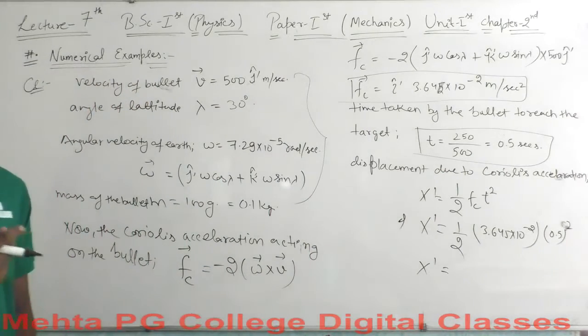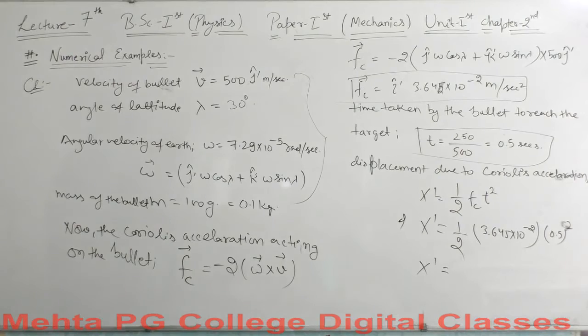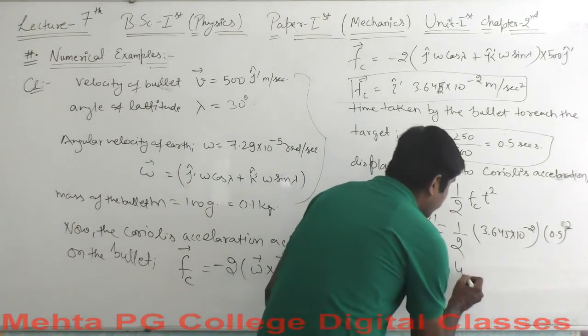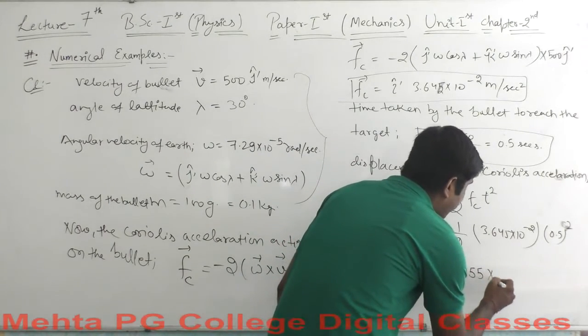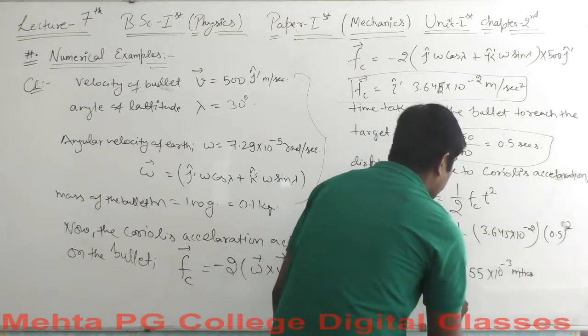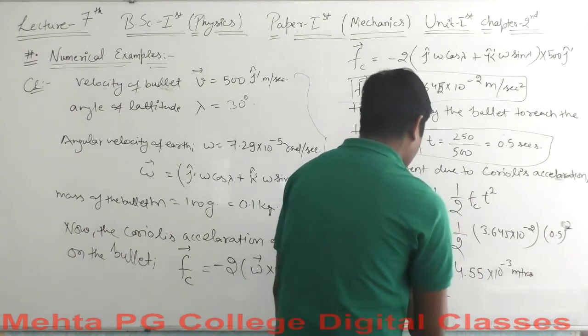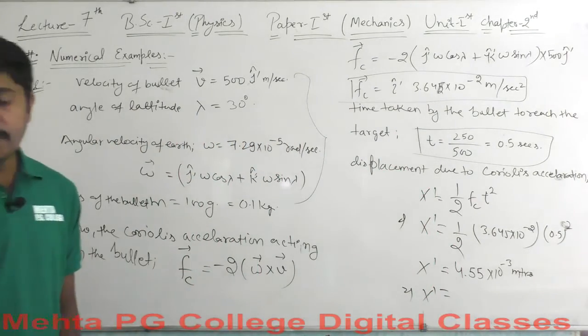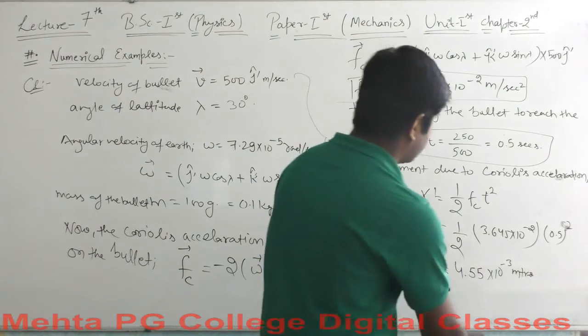The actual value of x dash will be equal to 4.55 into 10 to the power minus 3 meters, or you can say that x dash will be equal to 4.55 millimeters.